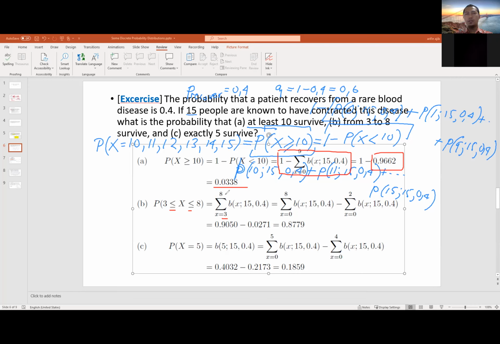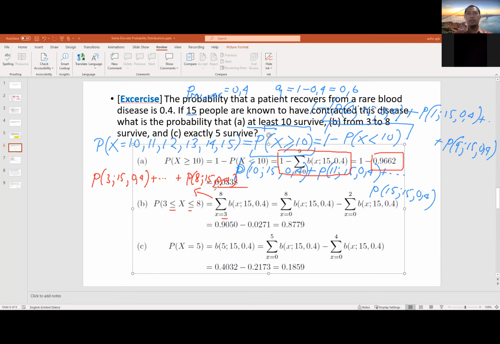From this point, we can calculate from the probability B(3; 15, 0.4) plus until B(8; 15, 0.4).